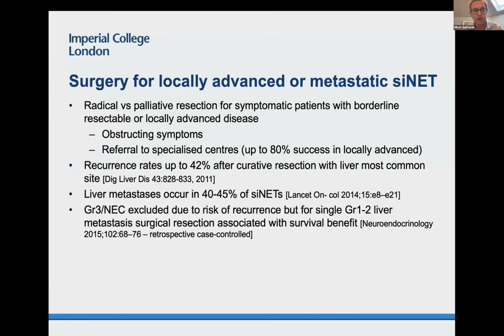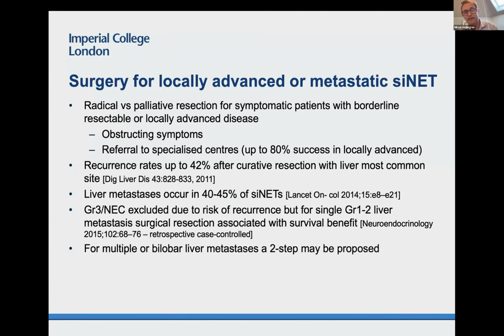Grade 3 or neuroendocrine carcinomas, depending on which nomenclature you use, are excluded because of the risk of recurrence for a single grade 1 to 2 liver metastasis. Surgical resection is associated with a survival benefit, whereas that is much less pronounced for the neuroendocrine carcinomas. For multiple or bilobar liver metastasis, there is still an indication for surgery provided that there is resectability, although a two-step approach may be proposed.